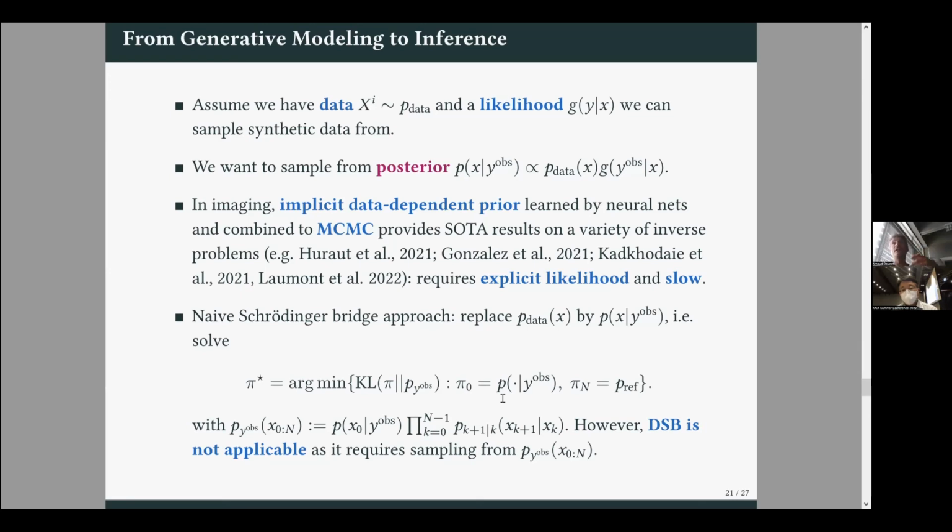But obviously, I couldn't apply the algorithm I've developed beforehand, because this algorithm requires me to be able to sample from the data distribution, or here it would require me to sample from the posterior distribution, which is what I'm trying to achieve in the first place, okay? So is there a way to get around this problem?